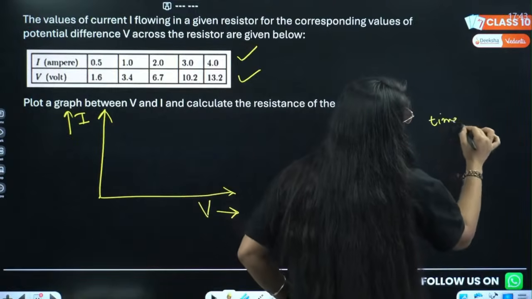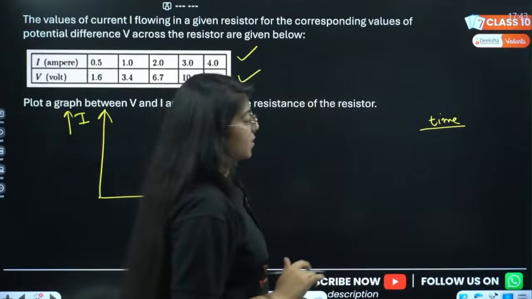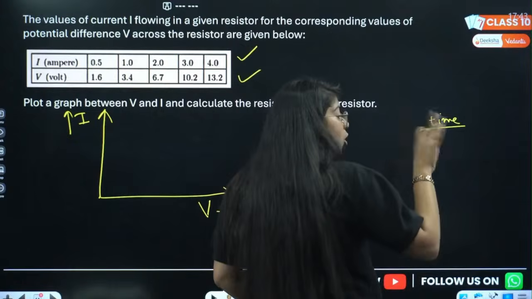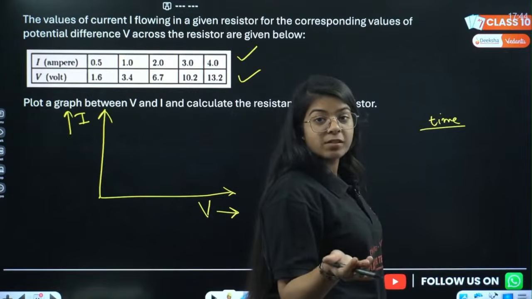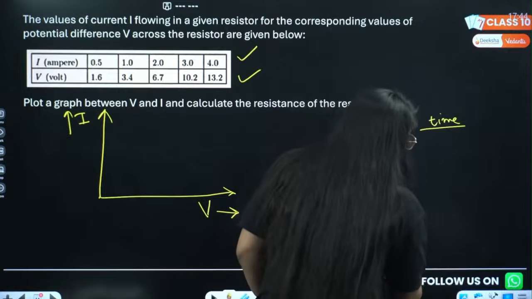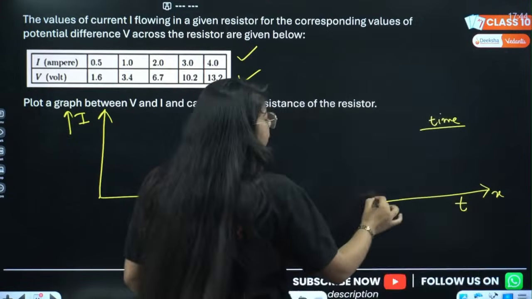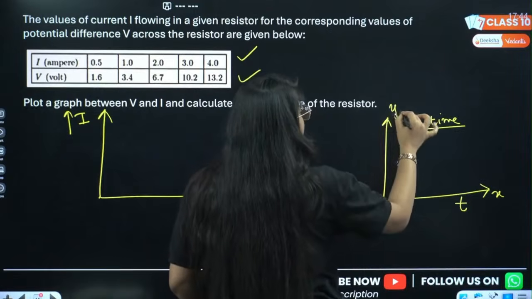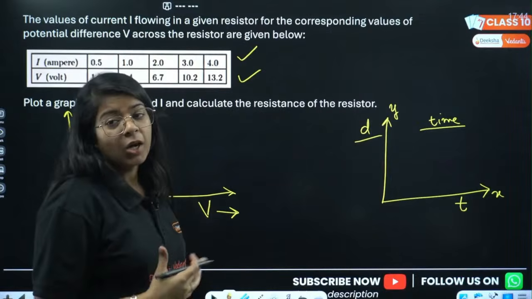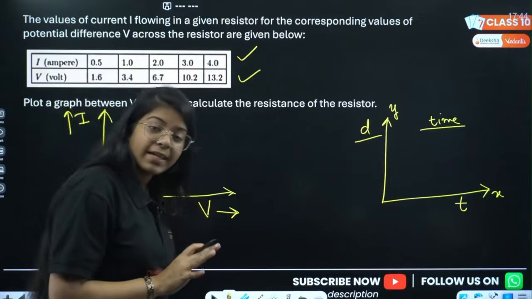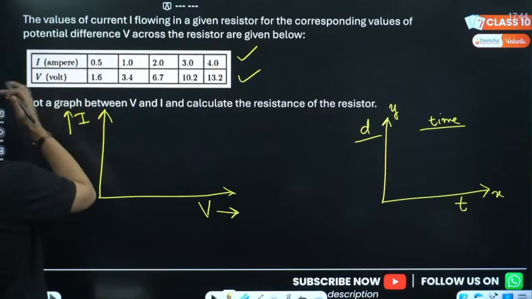Let me make you understand with time and distance. The clock will keep on ticking even if you are sitting in a car or not. So time is independent, on the x-axis, and distance, which changes with time, is on the y-axis. So here voltage is on the x-axis, current is on the y-axis.